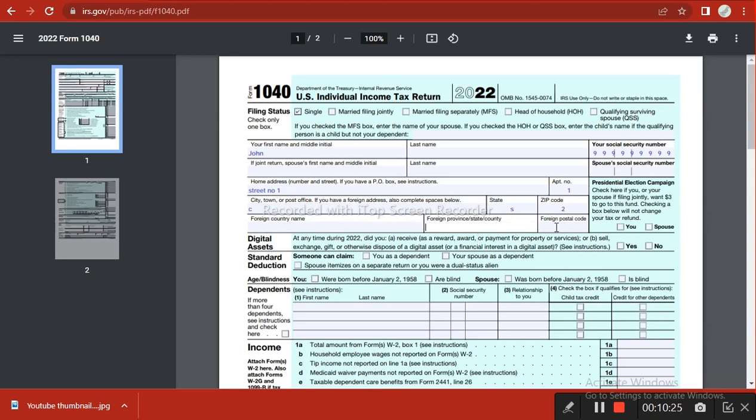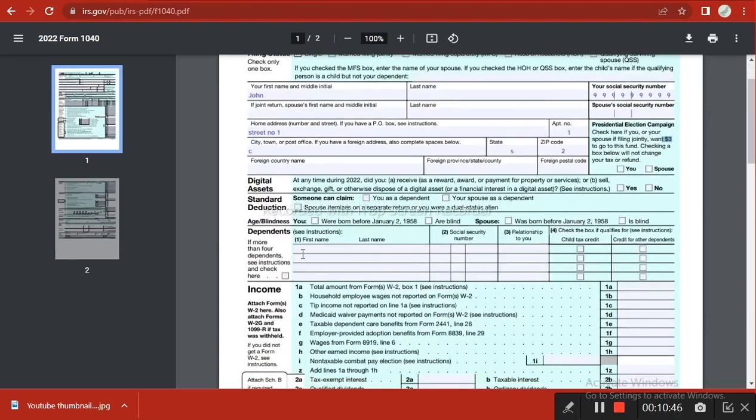After that is the foreign postal code. After that, presidential election campaign: if he or his spouse want to donate $3, they can check here. After that is digital assets, so yes or no. If you have any digital asset, virtual currency, or cryptocurrency, you can check here. After that, here is dependents.